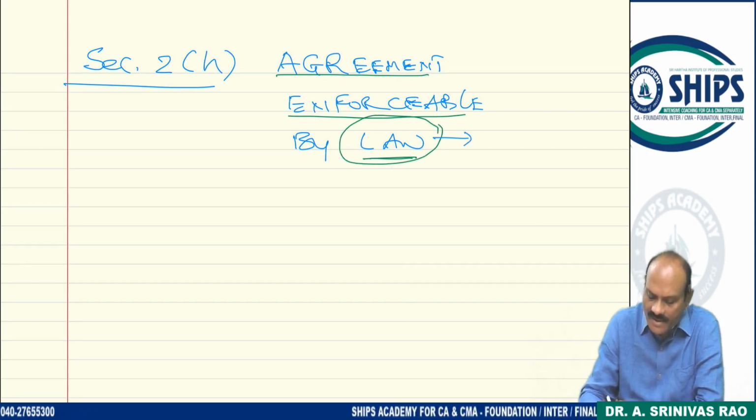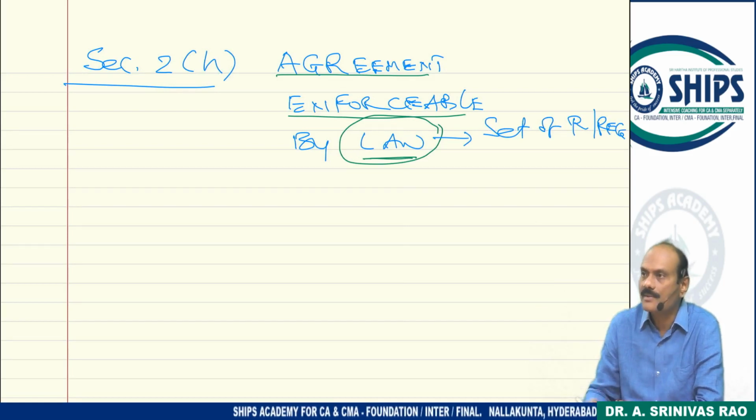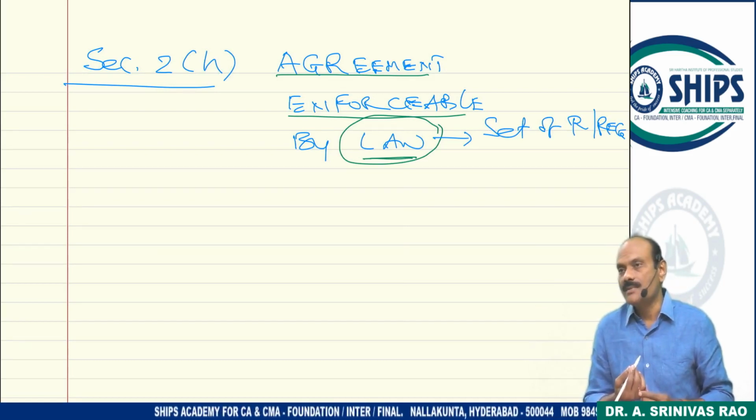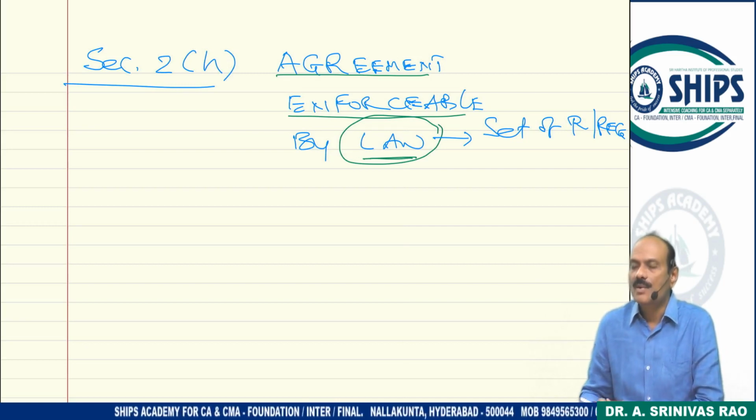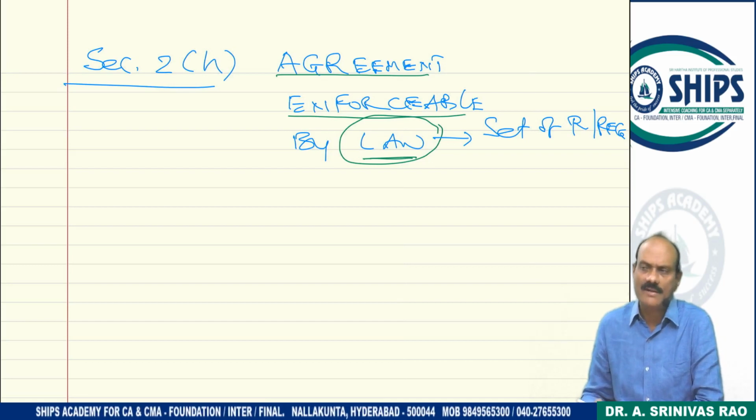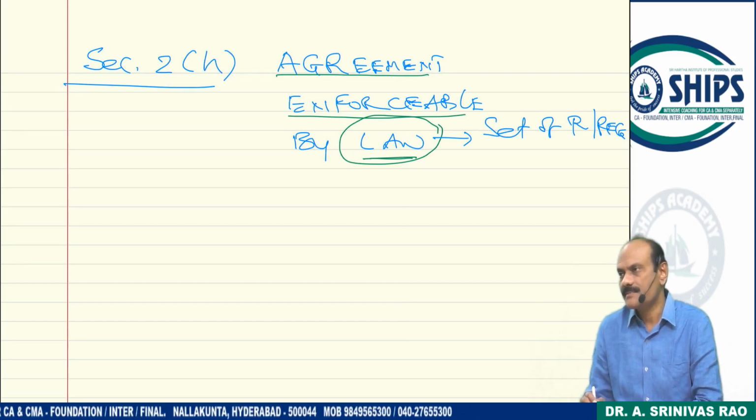Law is nothing but a set of rules and regulations to be followed, which is mandatory. Is this mandatory or voluntary? Mandatory. It's not voluntary; we must and should follow it.